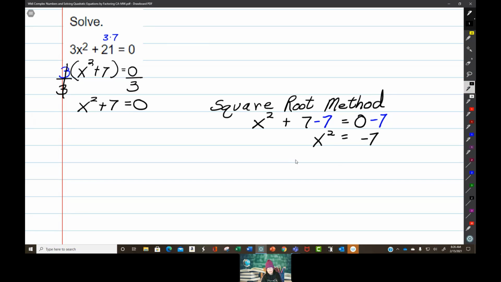Nobody cares what x squared equals. So I'm going to take the square root of both sides in order to get x. So the square root of x squared equals the square root of negative 7, and in front of this I put a plus and minus, and I'll show you why when I'm done.